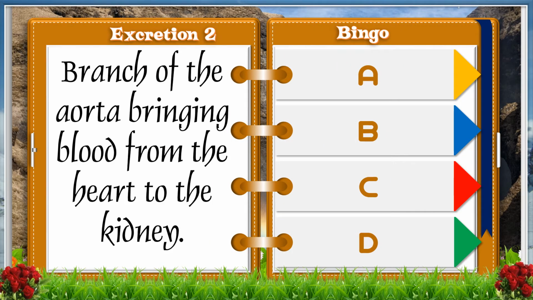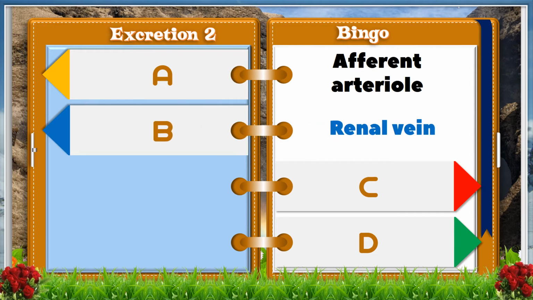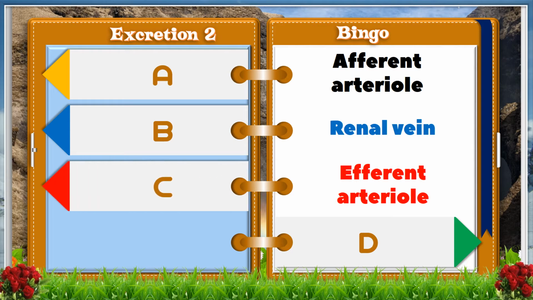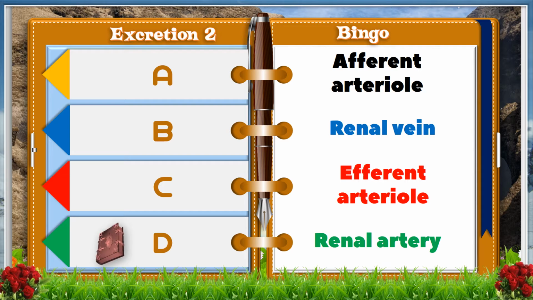Branch of the aorta, bringing blood from the heart to the kidney. A. Efferent arteriole. B. Renal vein. C. Efferent arteriole. D. Renal artery. And the answer is D. Renal artery.